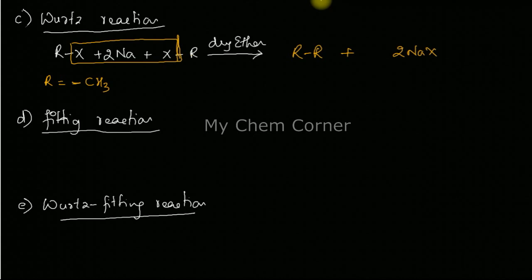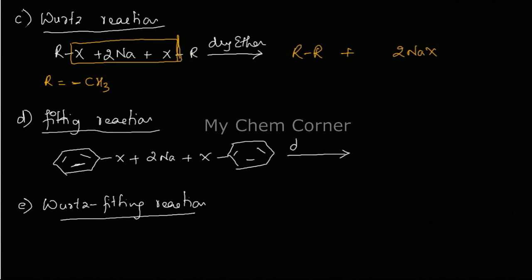Now the next equation: instead of taking an R group, I'm going to specifically take a benzene ring. So I'm going to take a benzene ring, the 2 sodium will still remain the same, and I will have another benzene halide, in the presence of dry ether. The concept will still remain the same.